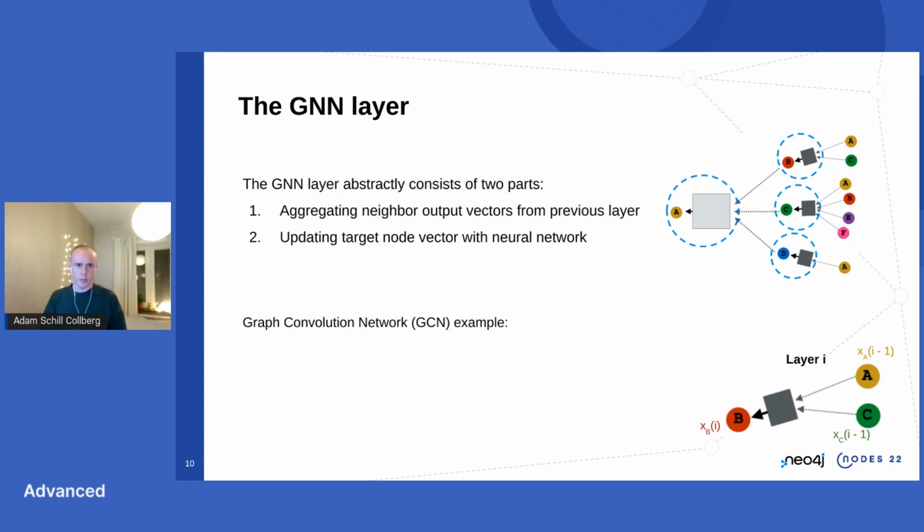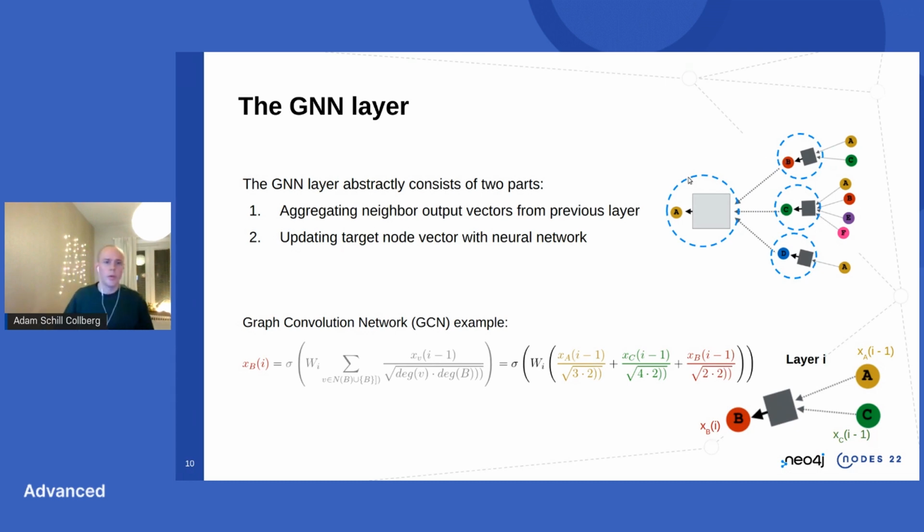Okay, so now let's look at an example of a very famous GNN architecture and how the layer is defined then. Here's a very complicated equation, so you don't have to mind so much about the general definition here. But we can see to the right here that what we do is that we aggregate, we sum together the node feature vectors of the nodes A and C from layer I minus 1. So we're going to compute something for layer I in this case.